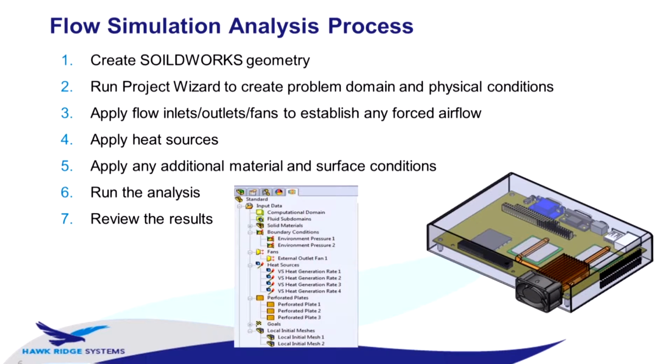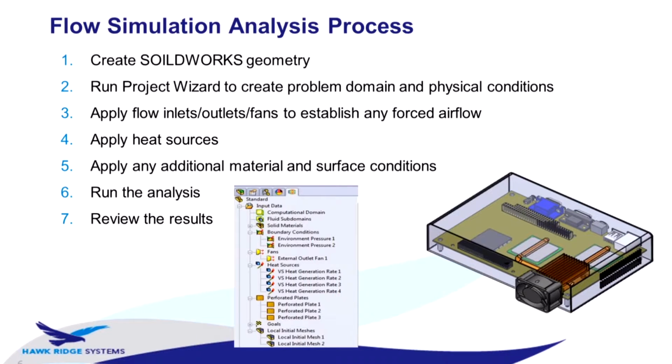So if you're going to use SOLIDWORKS Flow Simulation, here's the general process that we'll go through. You'd have your SOLIDWORKS geometry, something you modeled in SOLIDWORKS most likely. And then what we're going to use is this thing called the Project Wizard, which will basically help us set up all of the main concerns about the simulation: what kind of fluid it is, what the domain of the problem is, where we want to analyze the fluid, and what kinds of conditions are important.